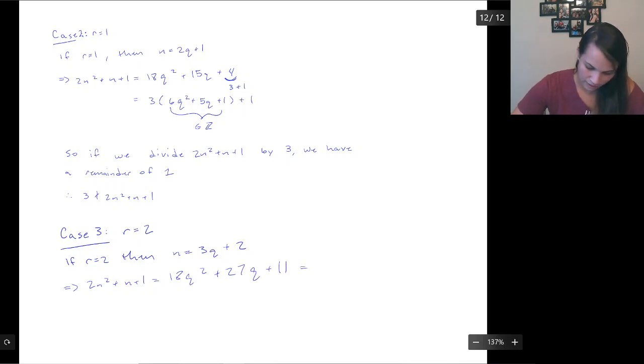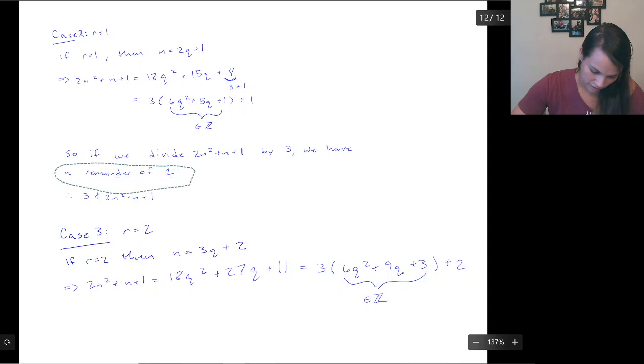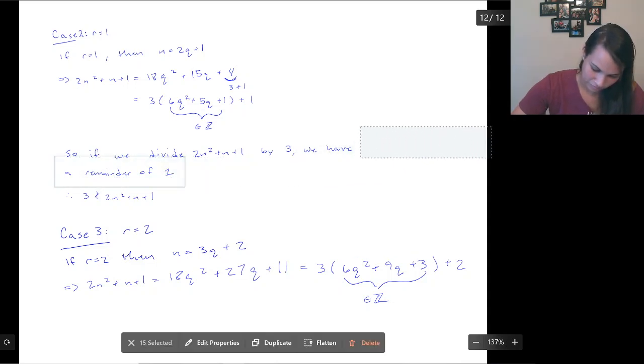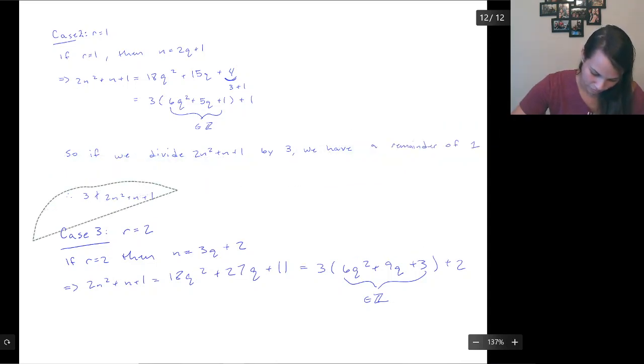And we can write that as 3 times 6q squared plus 9q plus 3 plus 2. Again, this is an integer. So when we do our division, I'm making room for myself.